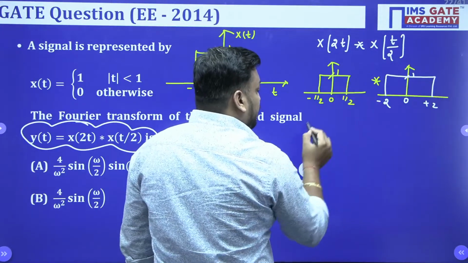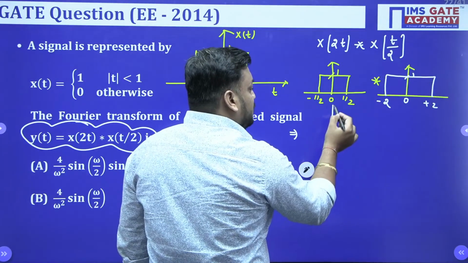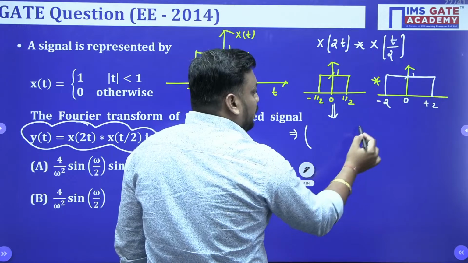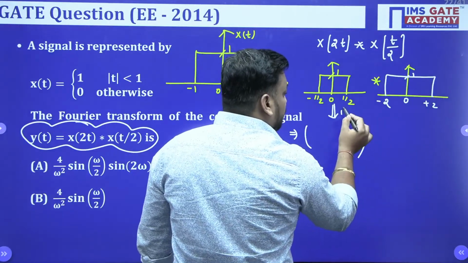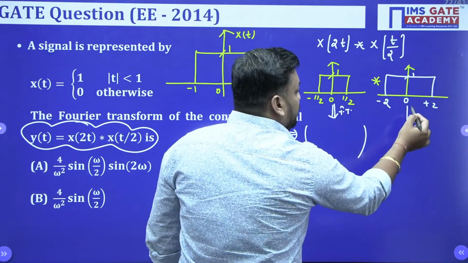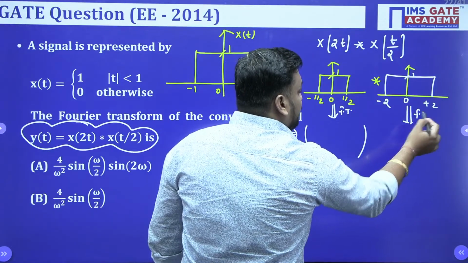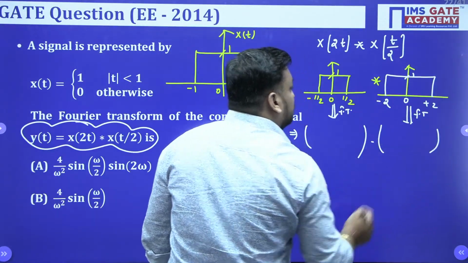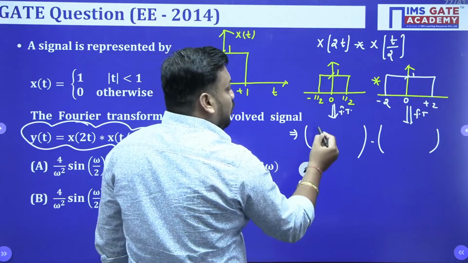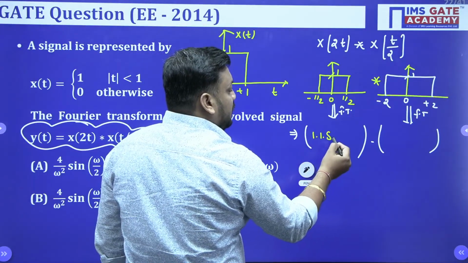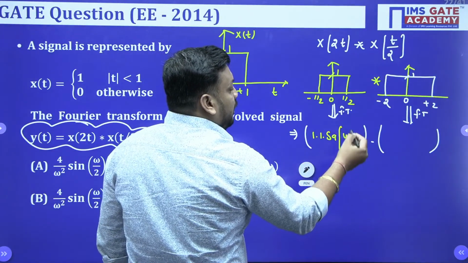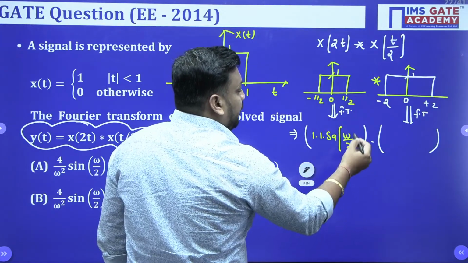Convolution in time is nothing but multiplication in frequency. If I write the Fourier transform of each, I just need to multiply both. A tau, here A is 1, tau is also 1. So sampling of omega tau by 2, what is tau by 2, guys? Half only.